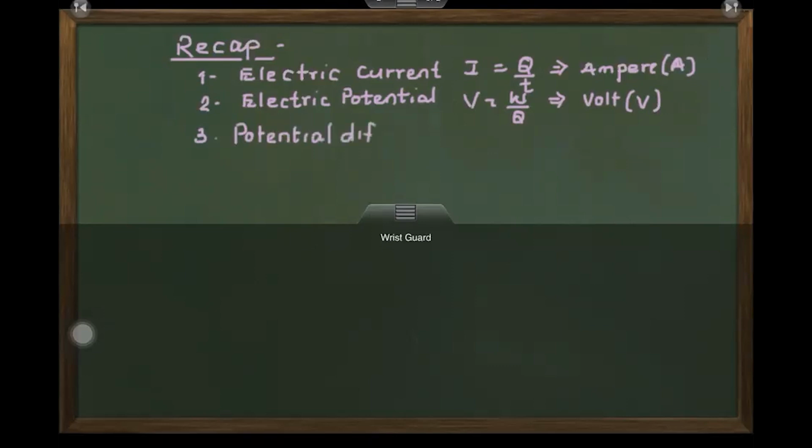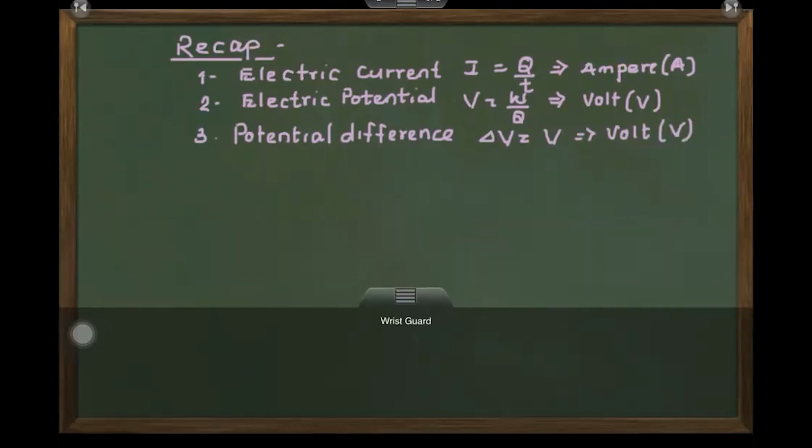This is simply the difference of two potentials, represented by delta V. Its unit is volt, abbreviated as V.